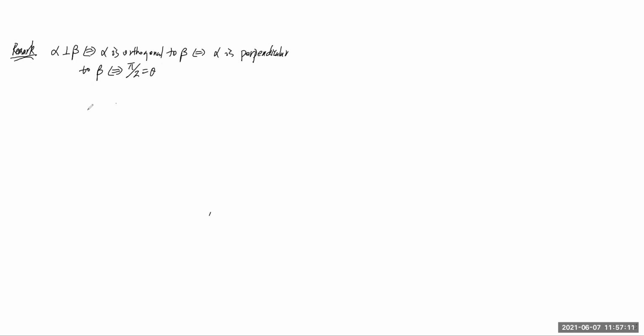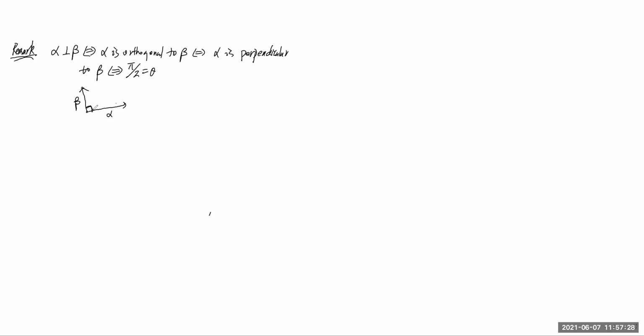I think you know this from high school, right? We have two vectors alpha and beta like this. We say they are perpendicular to each other if the angle is pi over 2, or a right angle, right?